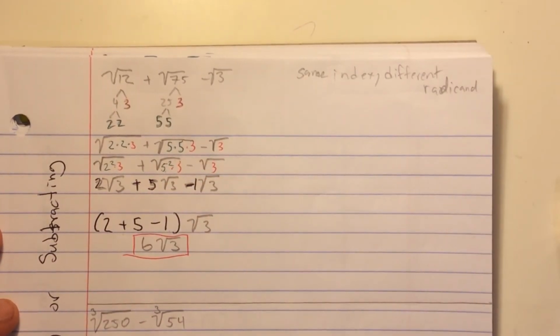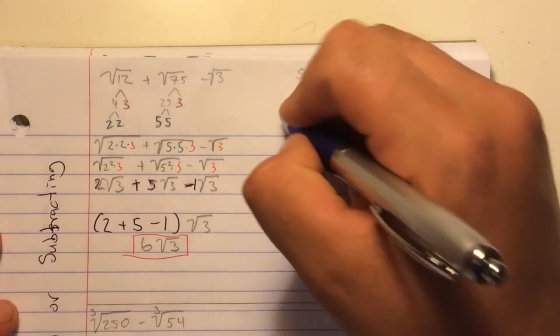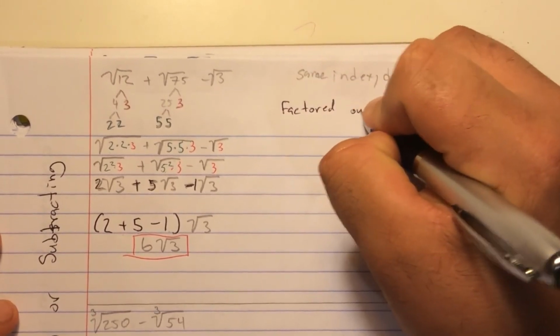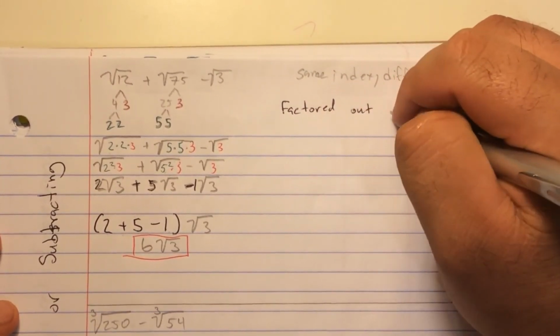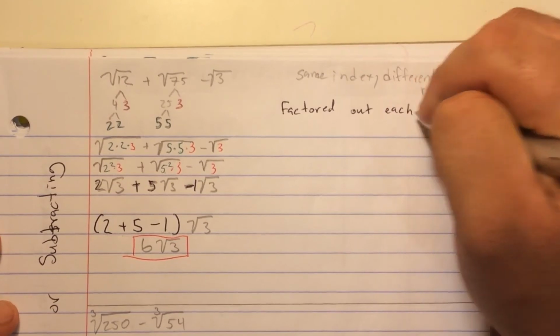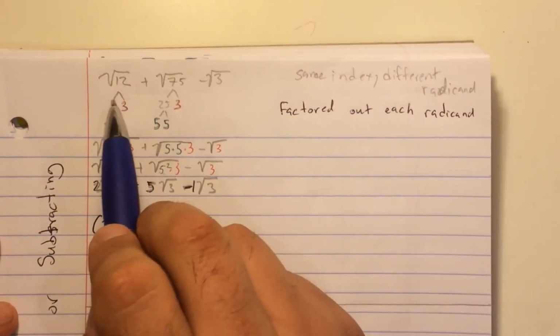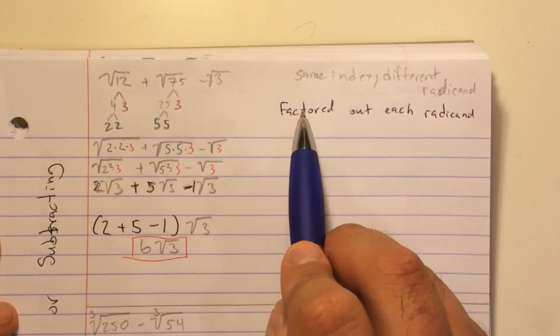But now we're going to go ahead and actually explain what we did. So first thing we did is we factored out each radicand. As we did here, we used factor trees to do it, to factor out the radicand.